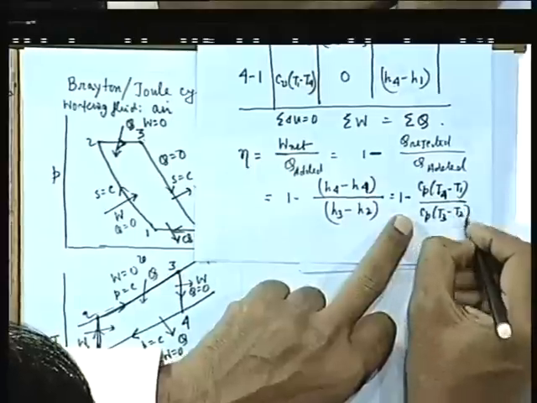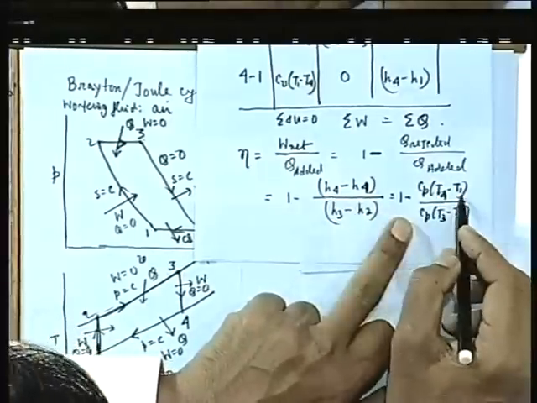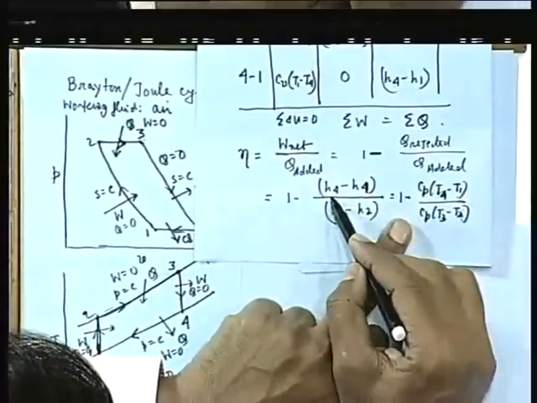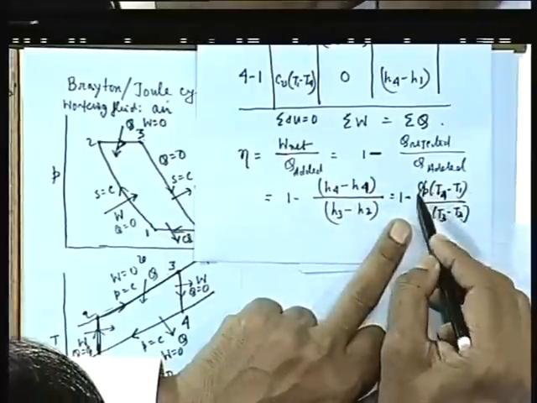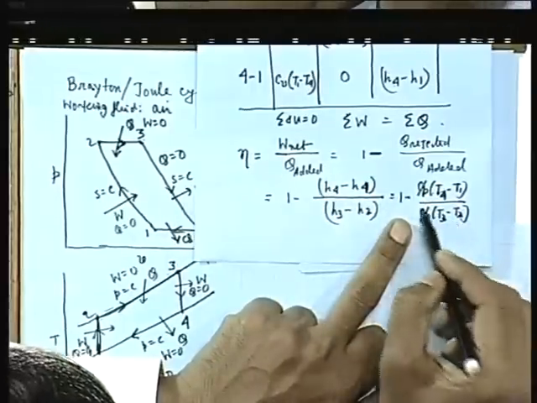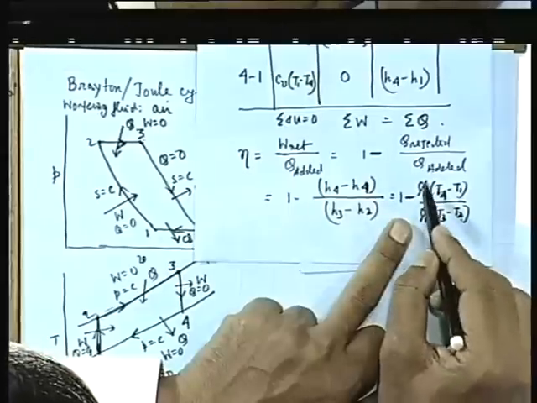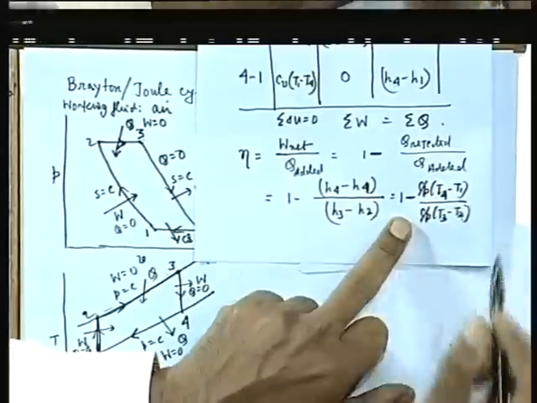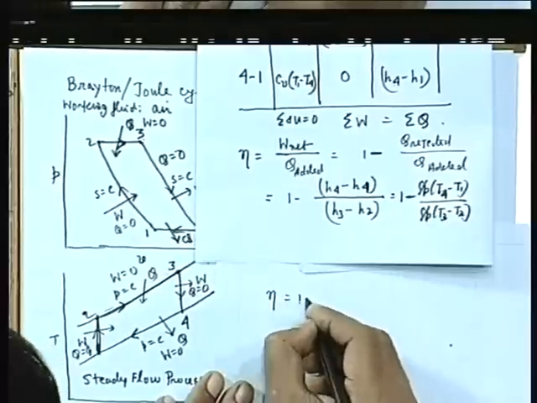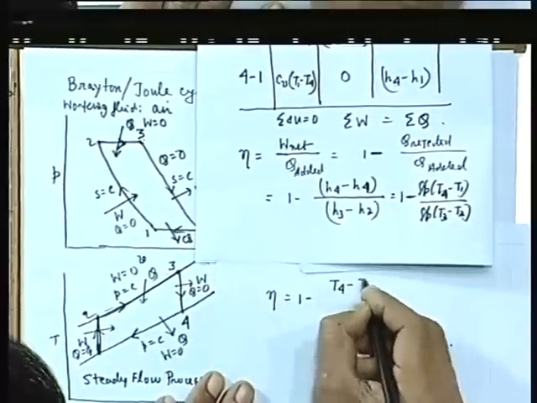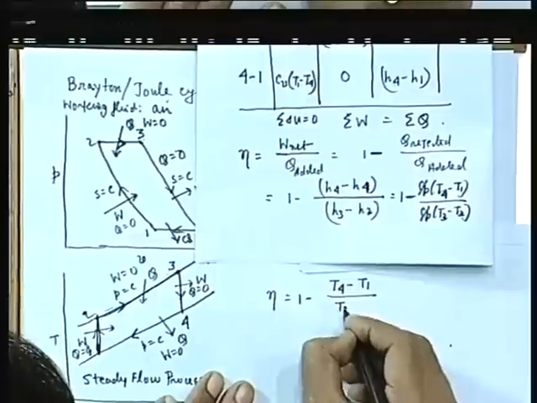That means I am replacing the enthalpy changes with the temperature changes, because for an ideal gas, the change in enthalpy is Cp times the change in temperature. If Cp is the same, the working fluid is the same, and it is an ideal gas where Cp does not vary with the temperature. So, we get eta is equal to 1 minus (T4 minus T1) divided by (T3 minus T2).